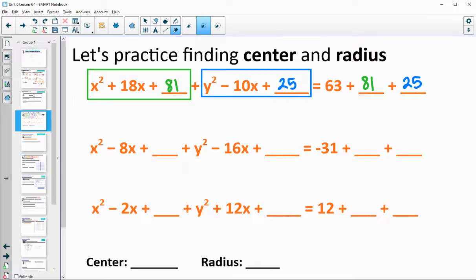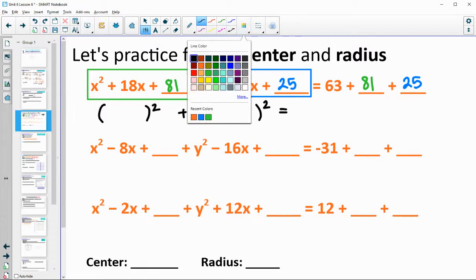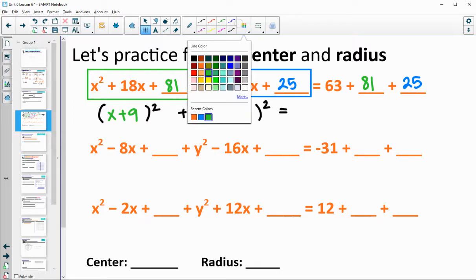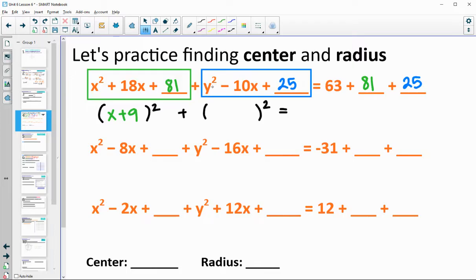So now what this allows us to do is rewrite these. We can factor these back to the binomials that they came from. So what would the binomial inside of this one be? It was x plus 9. And the binomial that got us this perfect square trinomial would have been y minus 5.